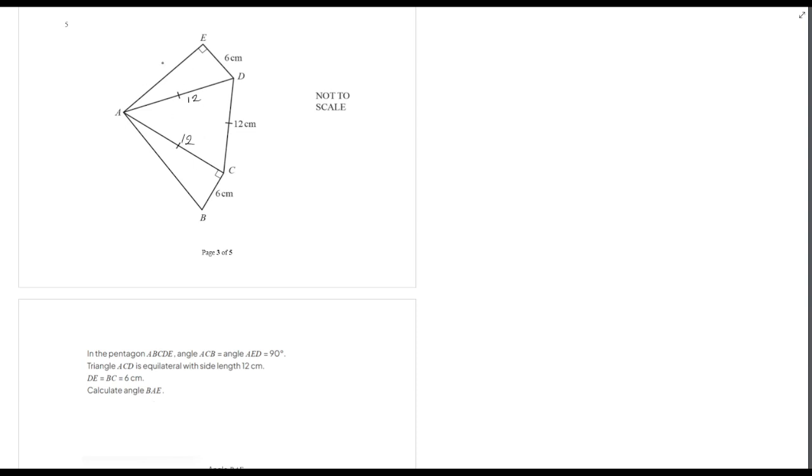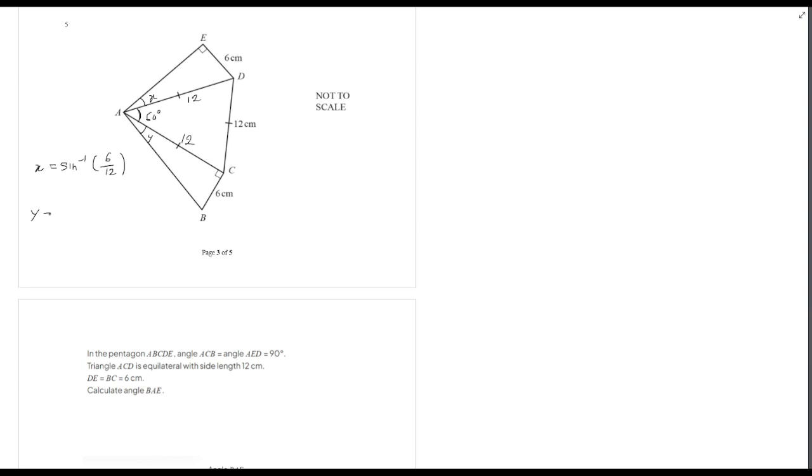Now here, as this is the equilateral triangle, this angle is going to be 60 degrees. These two angles are not known, so I consider this as X and this as Y. In this triangle AED, opposite and hypotenuse are given, so X is equal to sine inverse 6 upon 12.